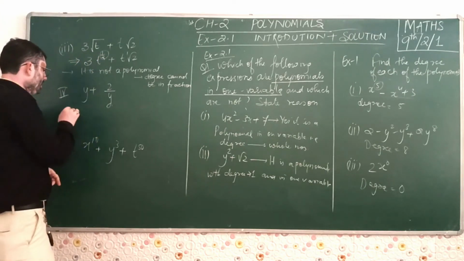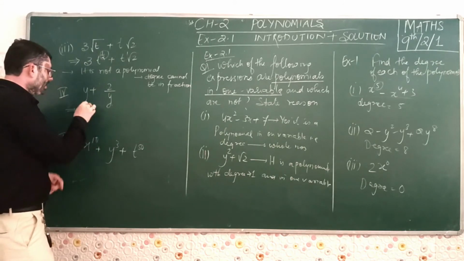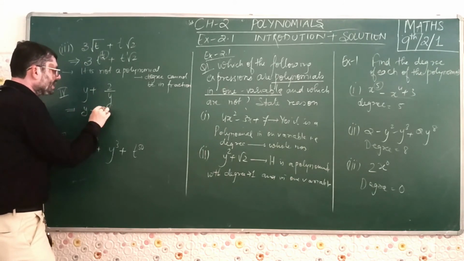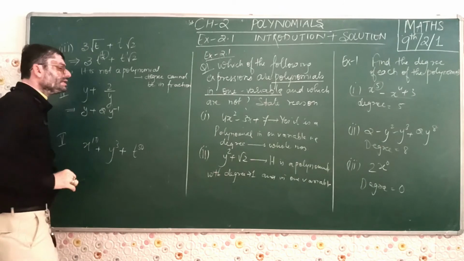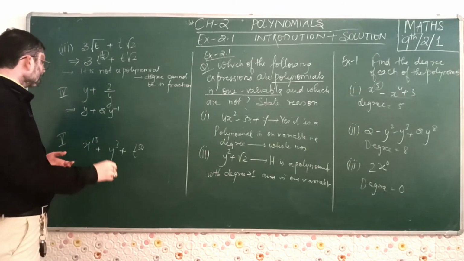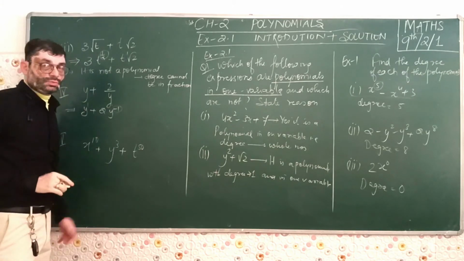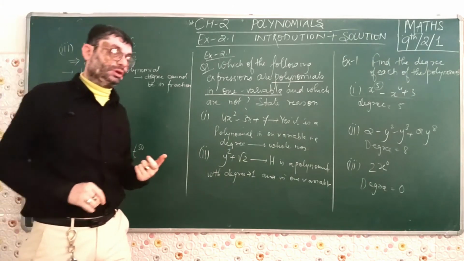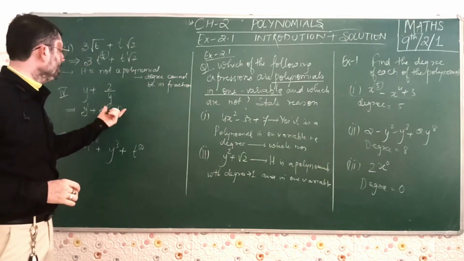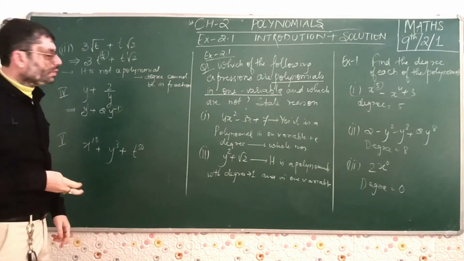Again, let us come here. Y plus 2 by y. This is y, plus this can be written as 2y to the power minus 1 in its standard form. If you see, the degree of y here is 1, but here it is minus 1. But we have learned that for a polynomial, the degree should be a whole number and a minus sign is not allowed in the degree.